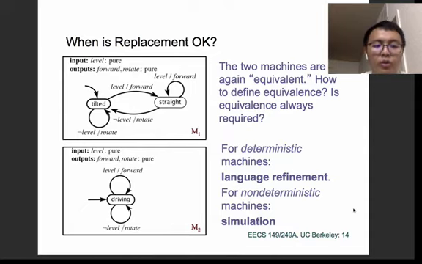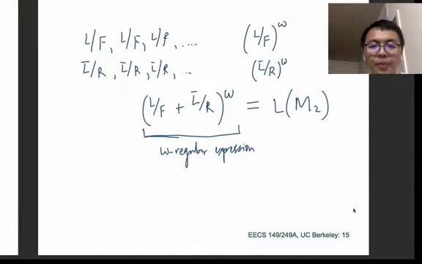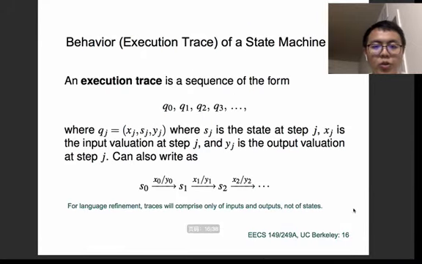We need to go into details of the execution traces of a state machine. The execution trace is a sequence of the form, here is the input and the state and the resulting output.